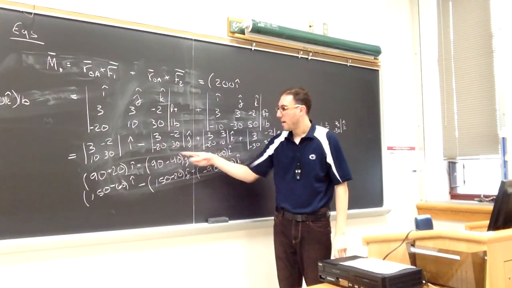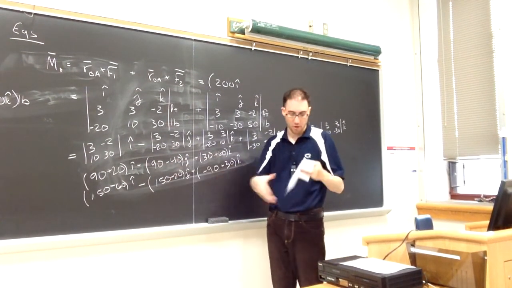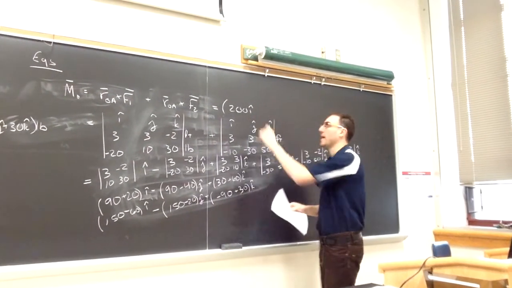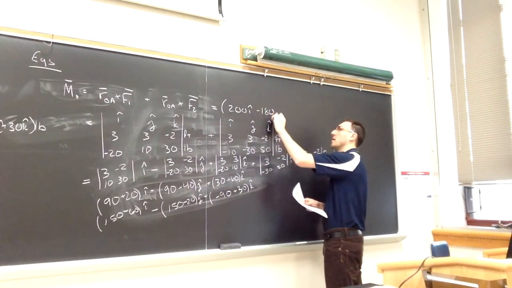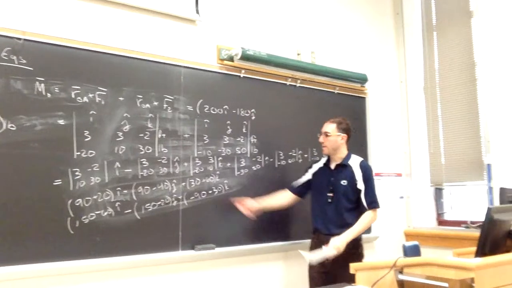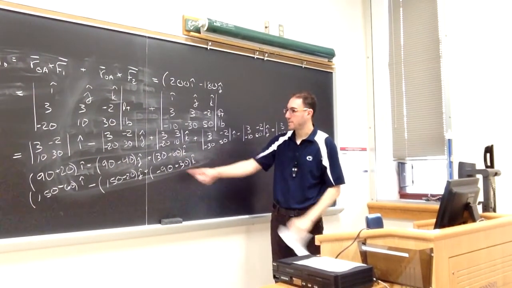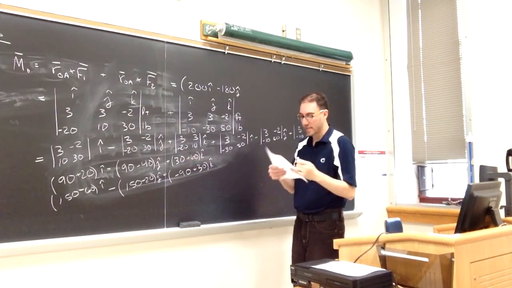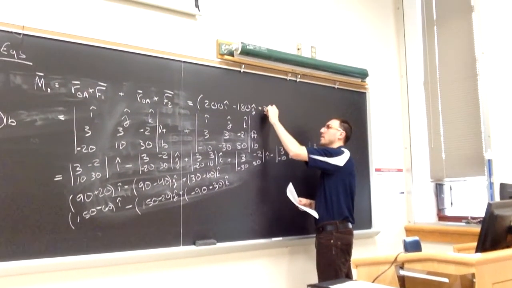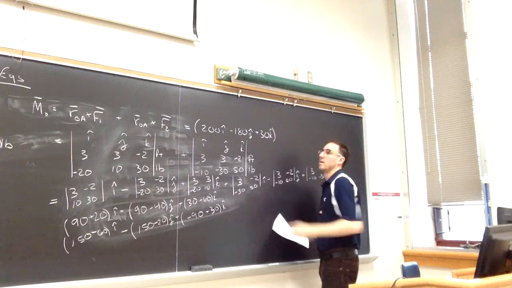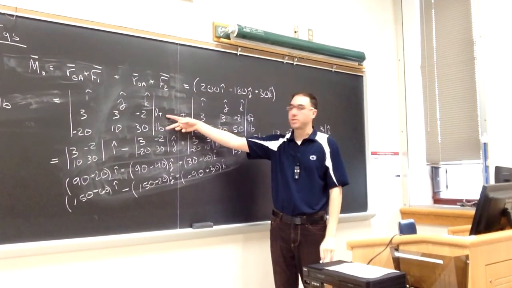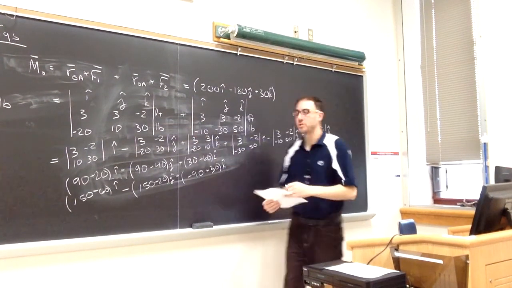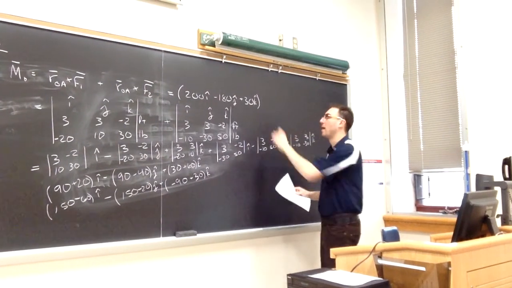Negative 50 minus 130 gives us negative 180J. And 90 minus 60 gives us a plus 30K. Again, the units are going to be feet times pounds, so pound feet or foot pound, same thing.